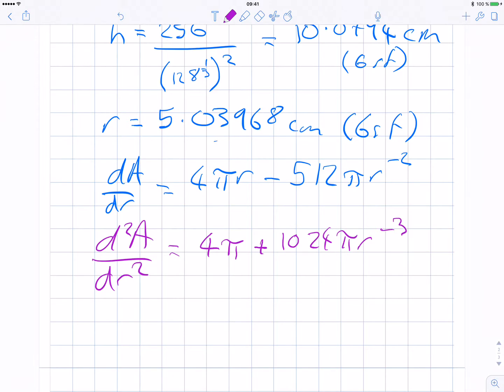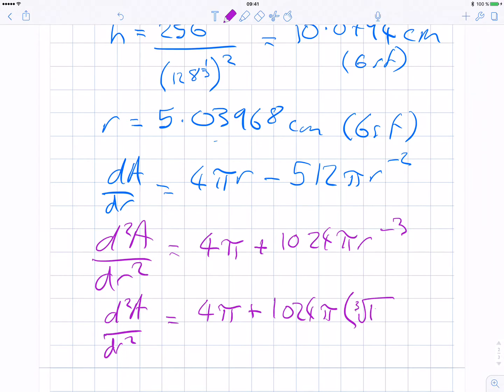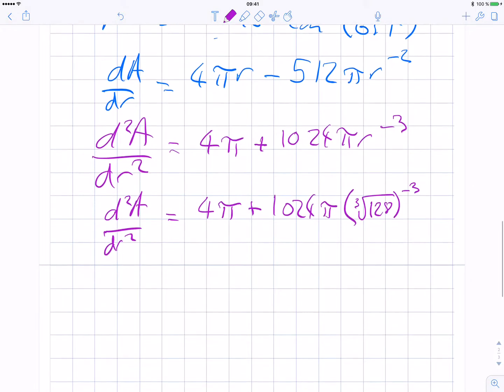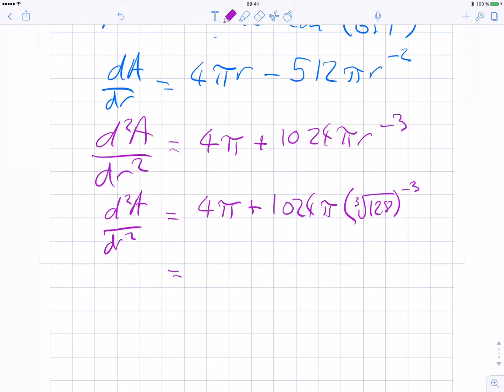Substitute r into it. When I put r into it, r was the cube root of 128, to the power of minus 3, and I need it to be positive for a minimum.